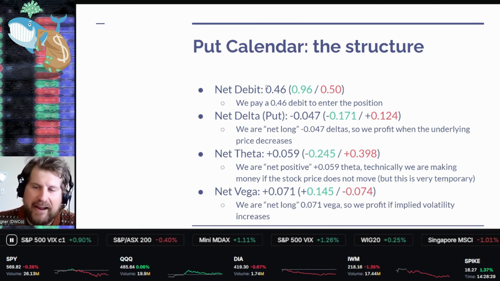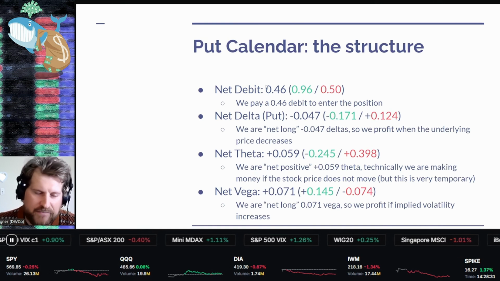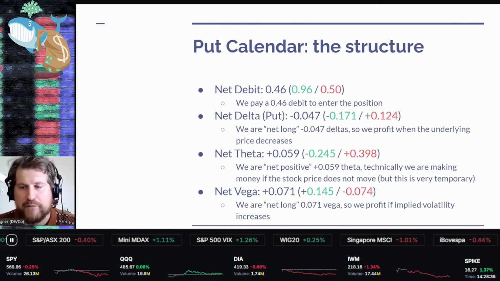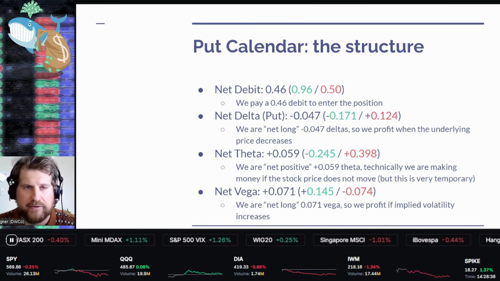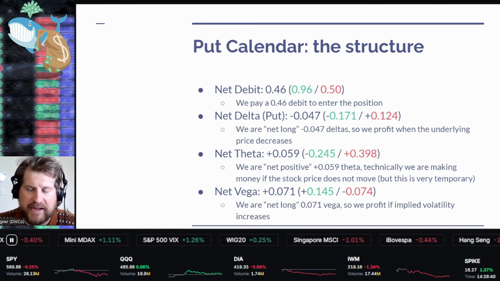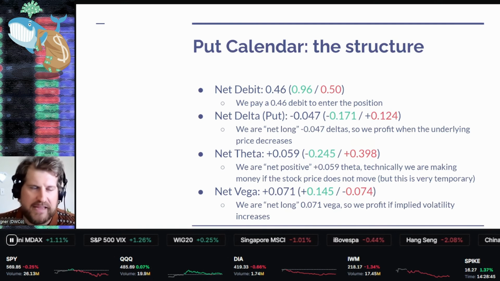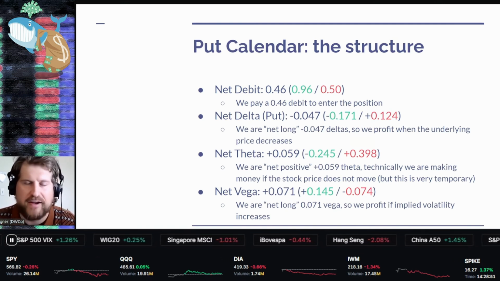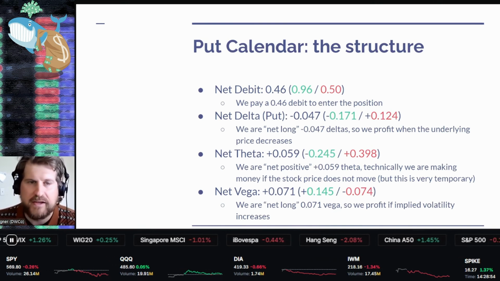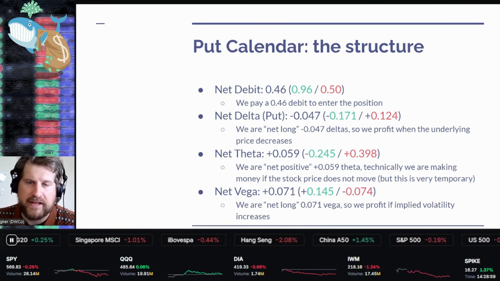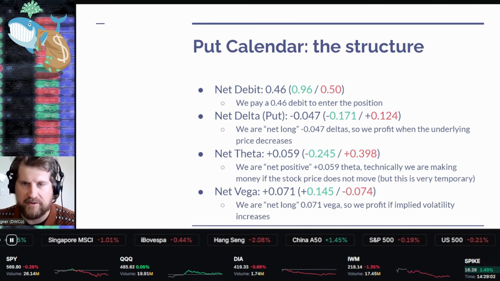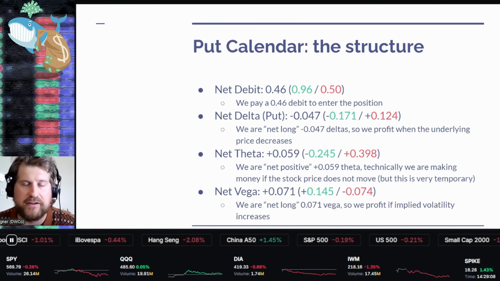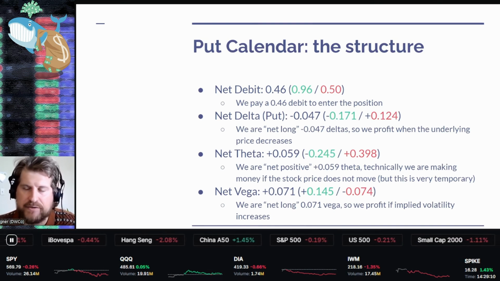I made sure to choose these specifically because these characteristics are very common for a put calendar spread, and I would expect these net positions to be accurate for all calendar variations using puts. To start, the put calendar spread we're talking about here is going to go on your book as a net debit. So you're going to pay a debit to enter this trade.